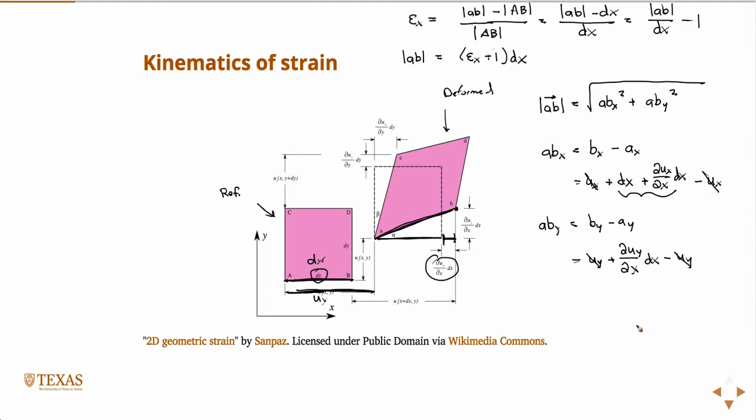The uy's cancel. Right? And so now I have AB, I have ABX and ABY. So I want to take, let's use a different color, this guy and substitute it there, and this guy and substitute it there, right? And I don't like this square root, right? So in order to get rid of that square root, I'm going to square both sides of the equation.